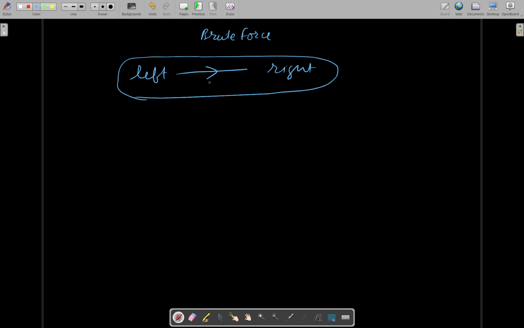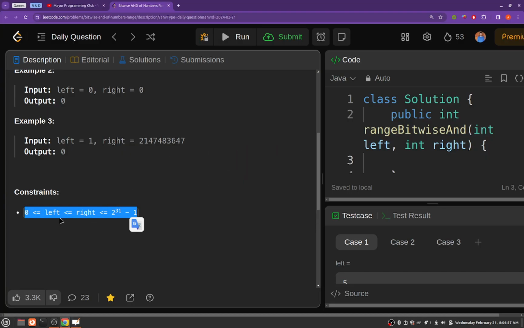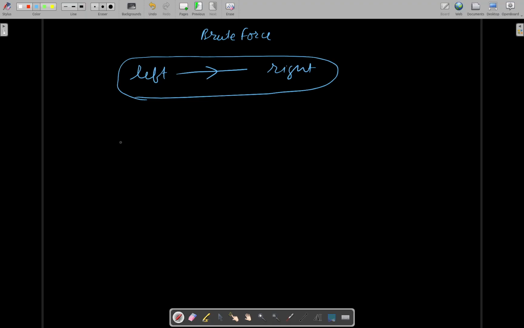But the number of numbers in this range is of the order 2 raised to power 31 minus 1, or you can say 2 raised to power 31.